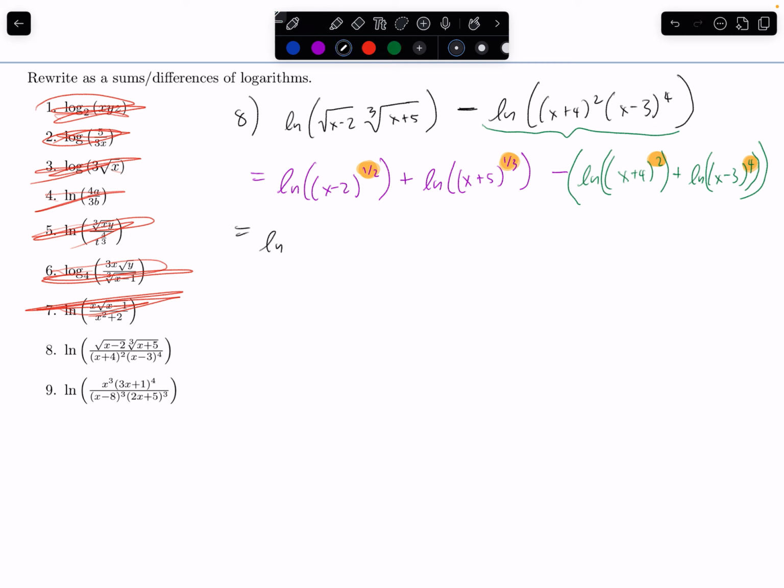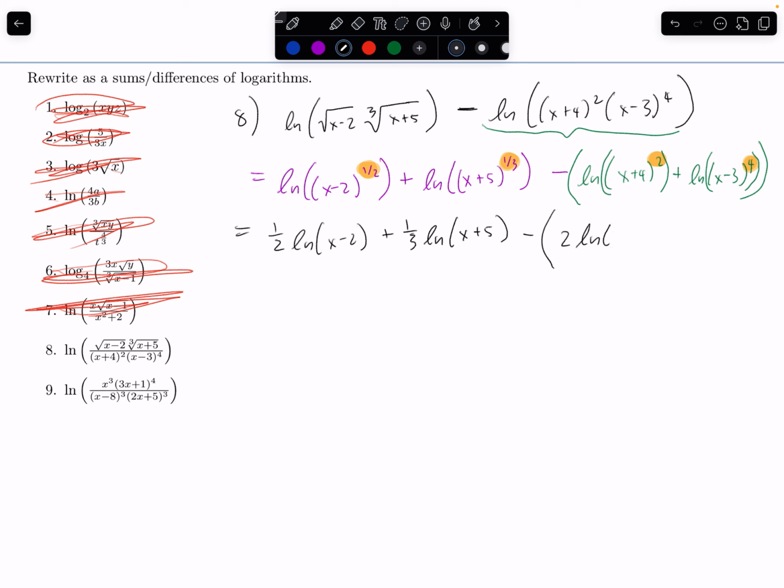Okay, so I've got 1/2 ln of x minus 2 plus 1/3 ln of x plus 5 minus, and this guy's still in the parentheses, so let's do the parentheses last.